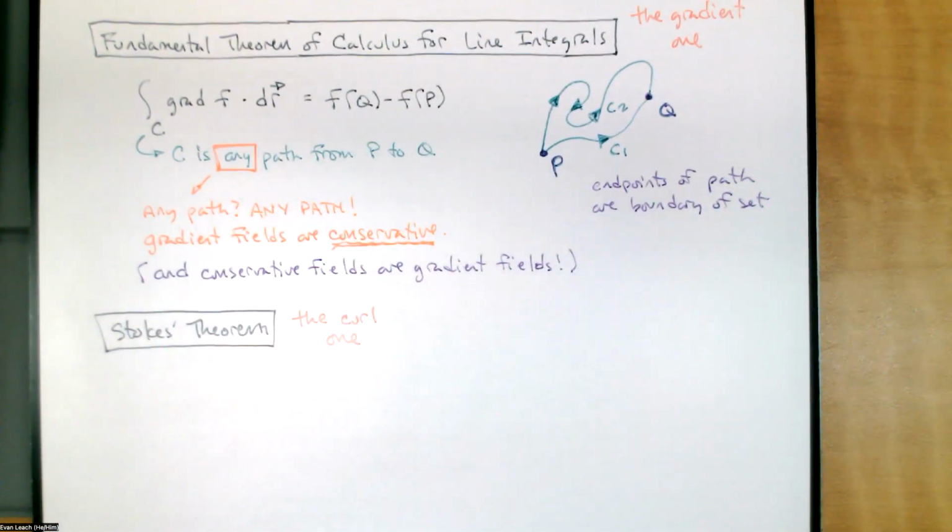The fundamental theorem of calculus for line integrals is the gradient one. So we've got two more, clearly. The curl one and the divergence one. Stokes' theorem is the curl one.